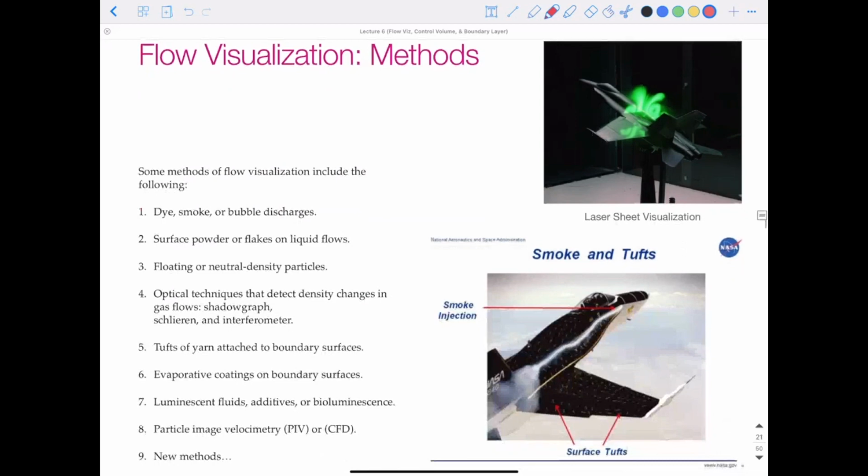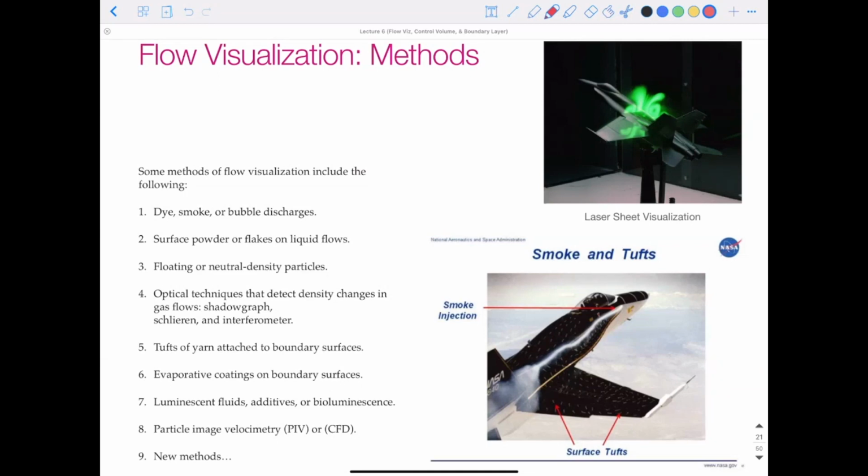So there are a few methods in flow visualization that are used quite often, and there's more and more methods developed all the time to try and get better images, better ideas of what's going on in fluid flow. One of the more common and older style ones would be to use dye or smoke or bubble discharges in a fluid. Another one would be to use surface powder or flakes in liquid flows.